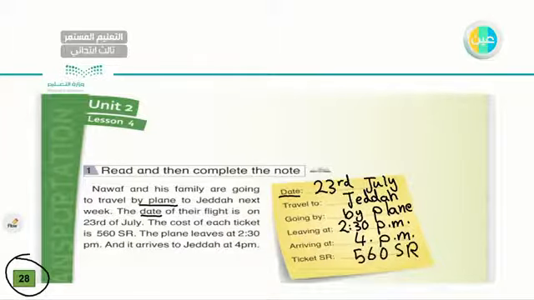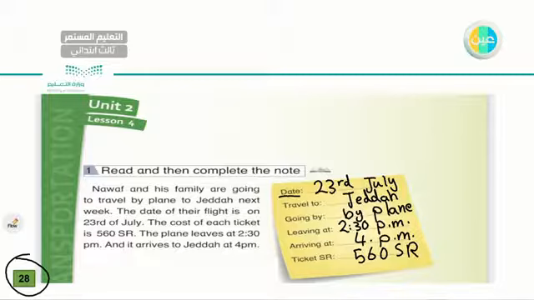Very good job. Now, let's read the passage one more time with our notes together. Nawaf and his family are going to travel by plane to Jeddah next week. The date of their flight is on the 23rd of July.